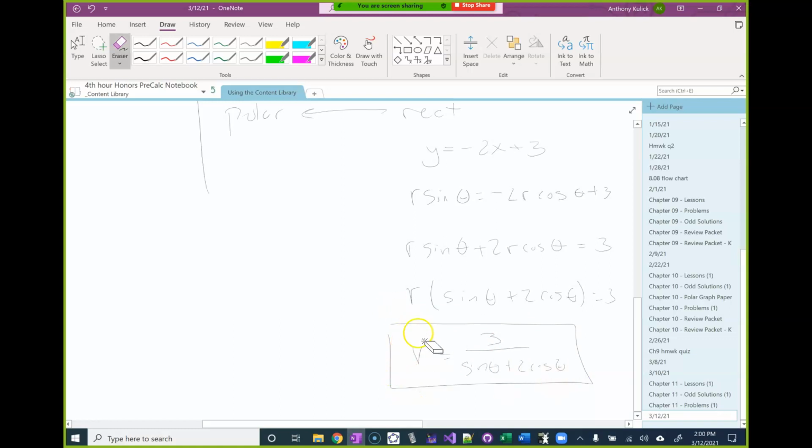And there we go. So I just divided both sides by this to get the r by itself.